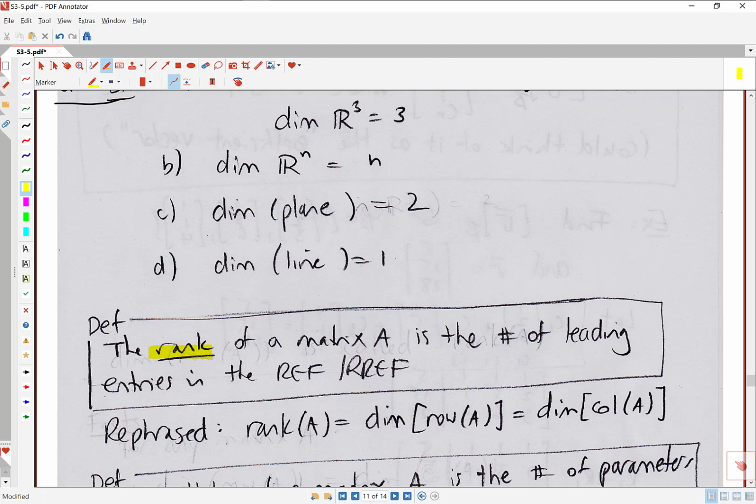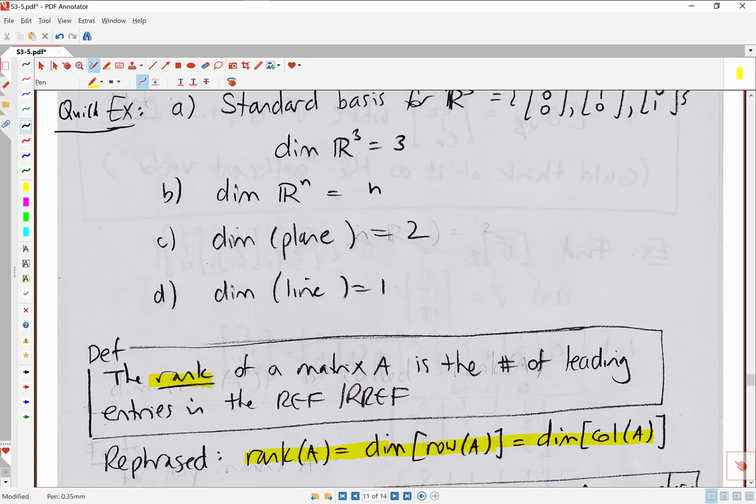And that allows us to say that the dimension of the row space of A is equal to the rank. It also means the dimension of the column space of A is equal to the rank. So rank is just a word that we can use for talking about how many basis vectors does the row space have and how many basis vectors does the column space have.